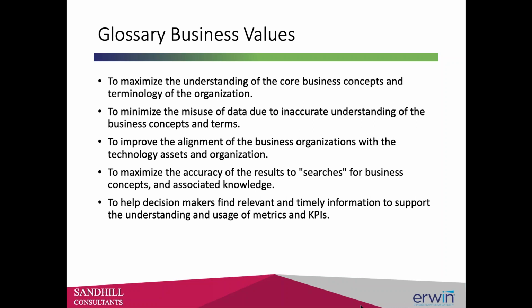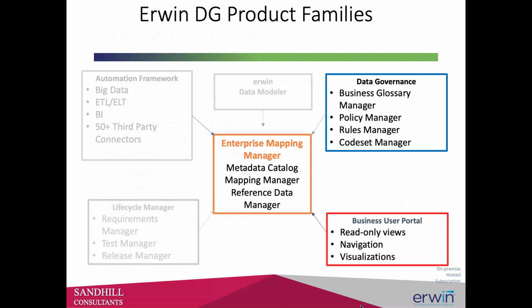Now for the demonstration, we're going to use Erwin's tooling for that. So let me introduce you to the product families here. There are quite a few product families, but the ones that we're going to be concentrating on during this demonstration are these three. First, the data governance, which is really what we're going to use for the glossary management, the policies, the rules, even to a certain degree, code sets.